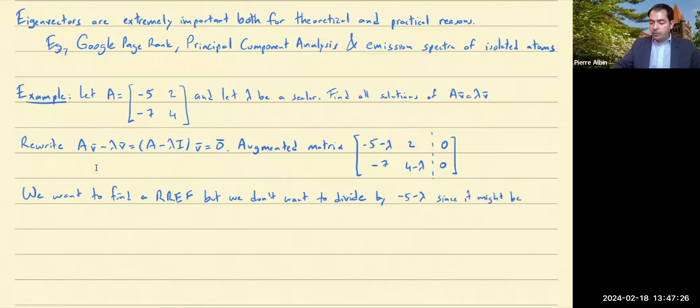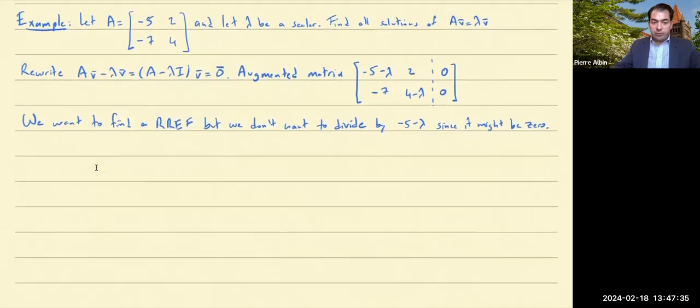Sometimes you have to. In that case, you just do two cases. So you consider the case where it is equal to 0, and you consider the case where it's not equal to 0. But in this case, we're not going to have to, because what we're going to do is our first row operation, we're just going to change the order of the rows.